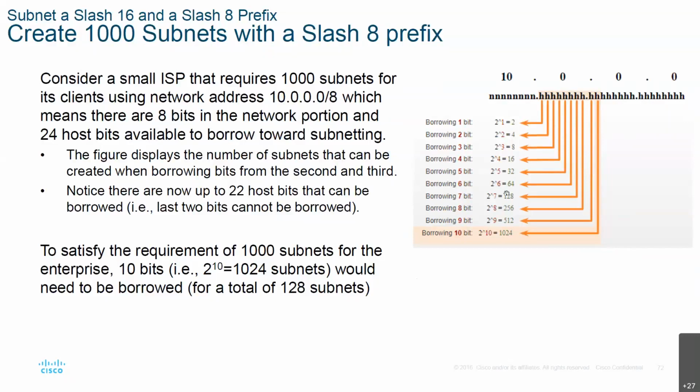If you want to create 128 subnets, then you have to take 7 more host bits, 8 plus 7. So you can create 128 subnets, and that would be a /15 network and so on.